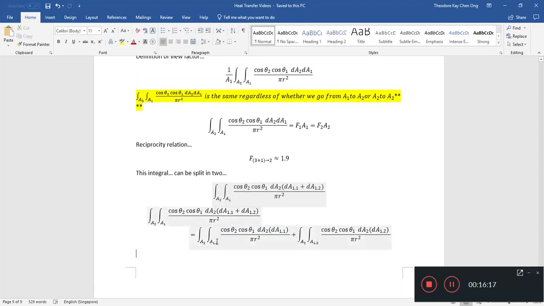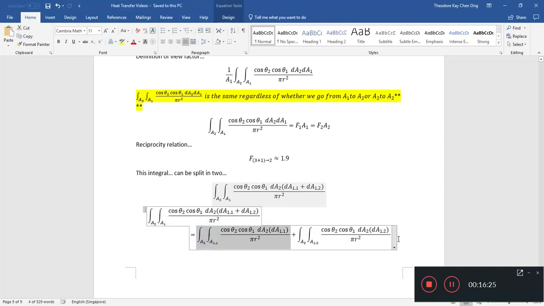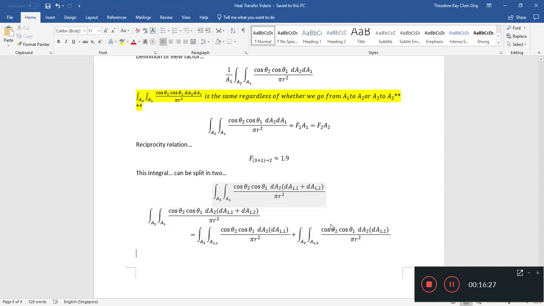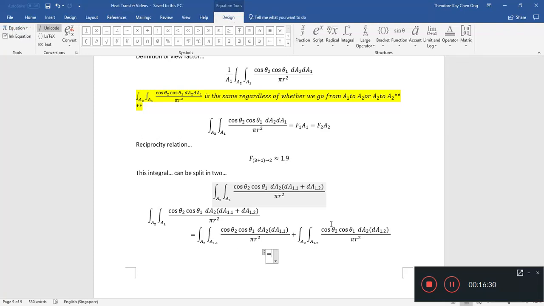So if we want to split the bottom area into two parts, this is what we can do. And what is this? This integral is just F 1.1 going to 2, A 1.1 plus F 1.2 going to 2, A 1.2. That's all we are doing here.